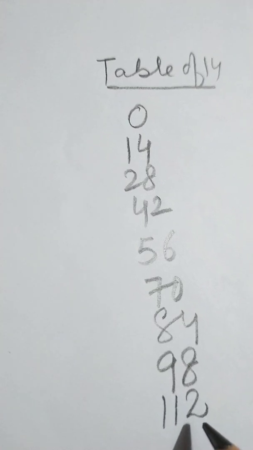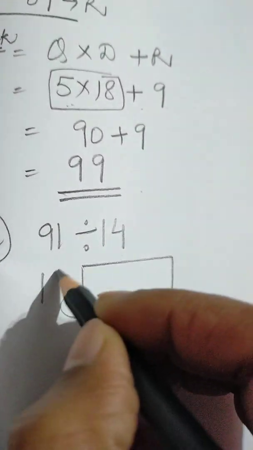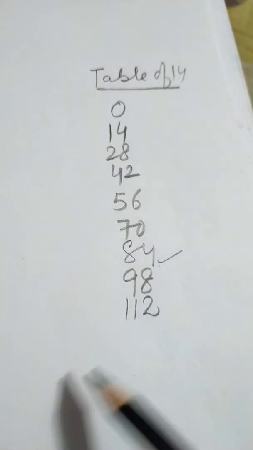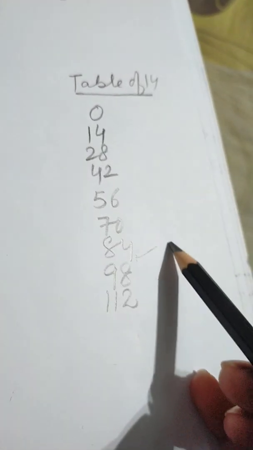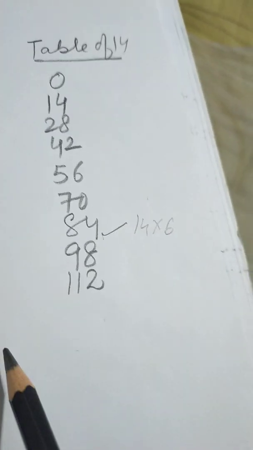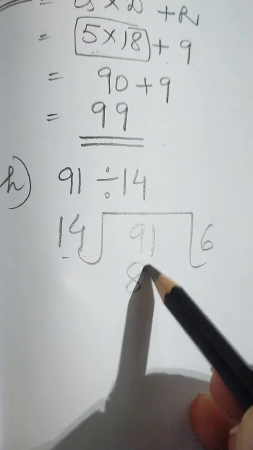Like this we will write the table of 14. Now we will start doing division. See what can be written under 91. 84 can be written, that is 14 sixes the 84.